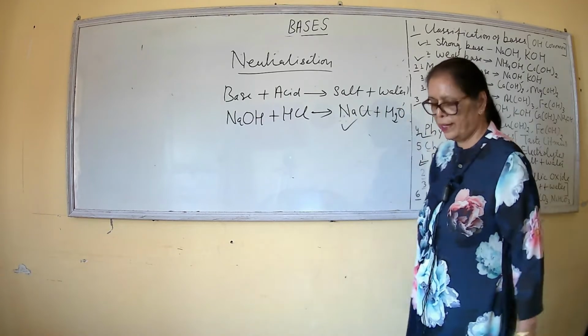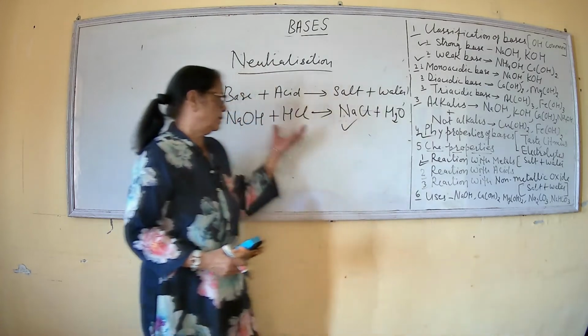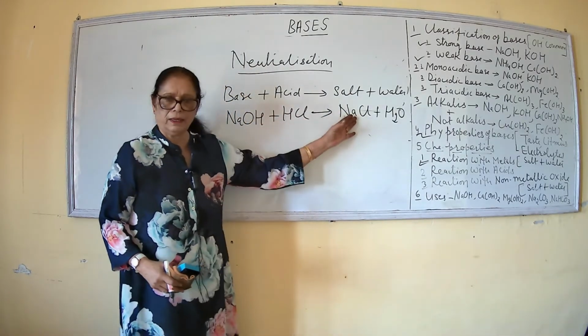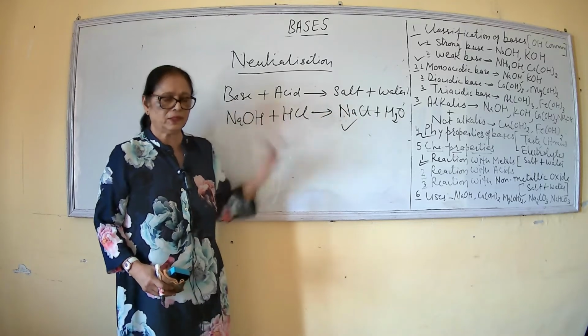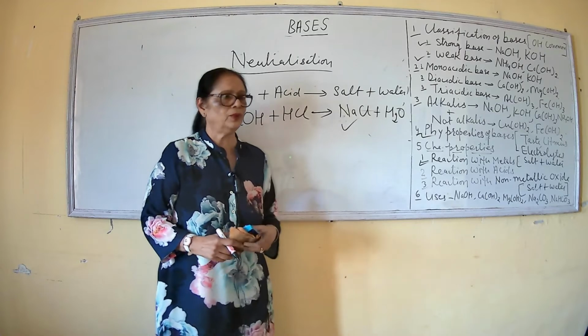So this is the whole reaction, a well-known example of neutralization. Bases react with acid forming sodium chloride, which is a salt, neutral, neither acidic nor basic. Water is also neutral.